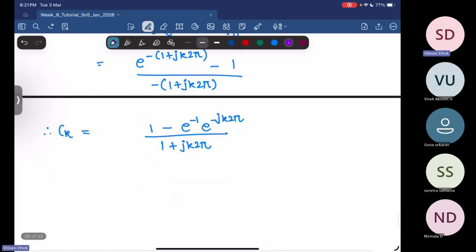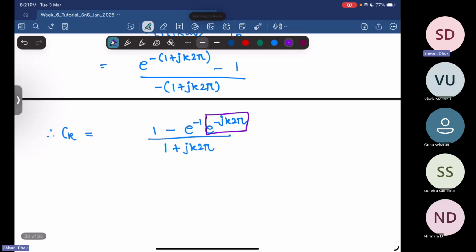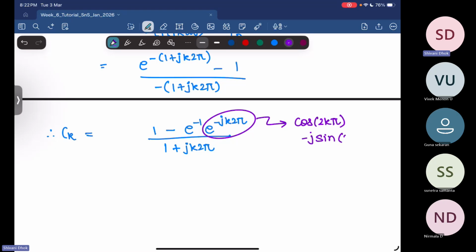Again, this e power minus jk 2 pi is equal to cos of 2k pi minus j times sine of 2k pi.